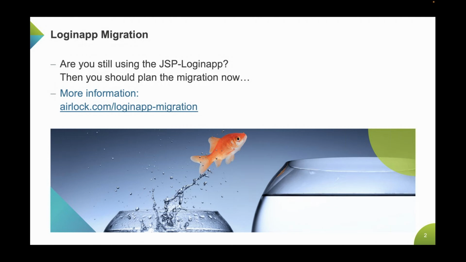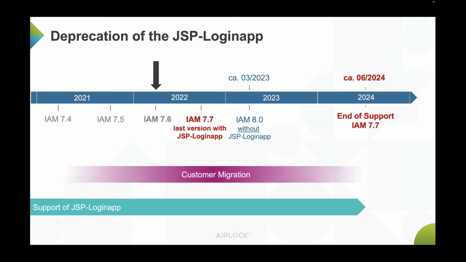You can get more information on the link shown here, airlock.com/loginapp-migration. And here is again our schedule of the deprecation of the JSP-Loginapp. I know some of you already joined the last webinar and already know this, but I think it's still worth showing it to everybody again.